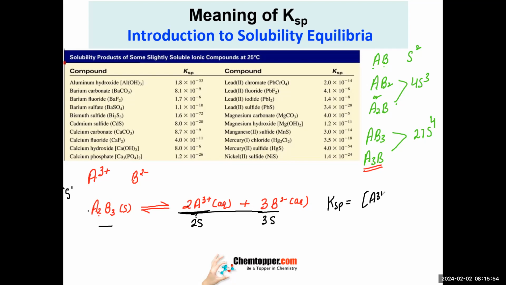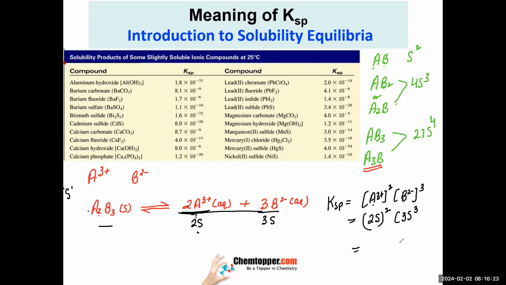A3 plus raised to power 2. You're not doing that, Anil, in your calculation. B2 minus raised to power 3. A3 plus is 2s, 2s raised to power 2. B2 minus is 3s, 3s raised to power 3.